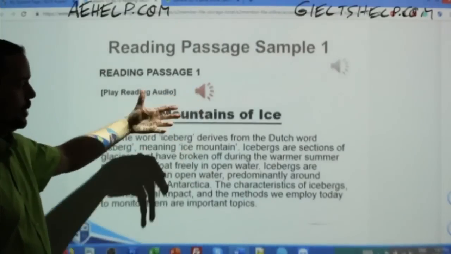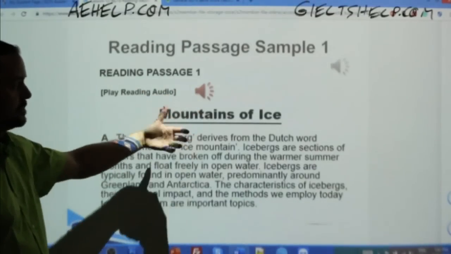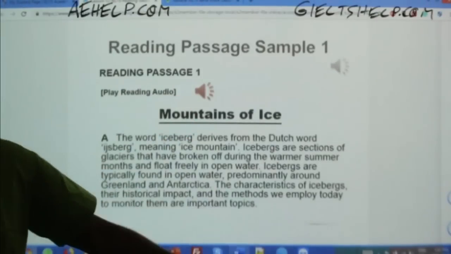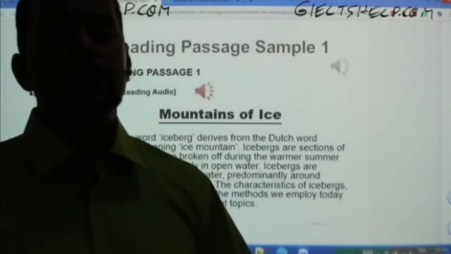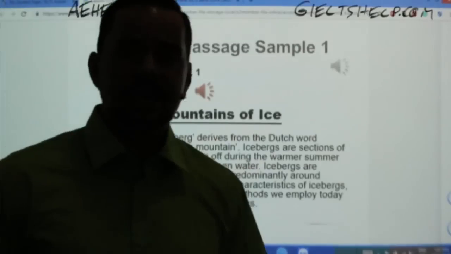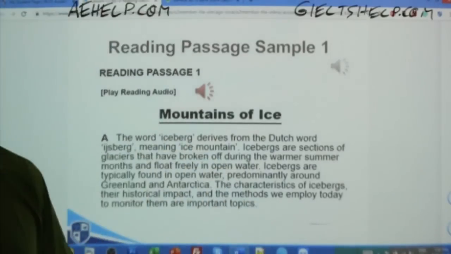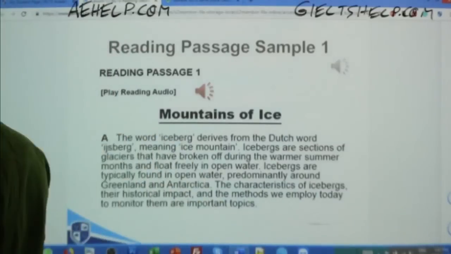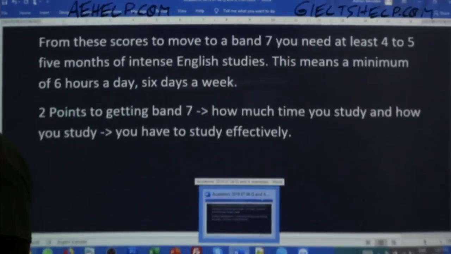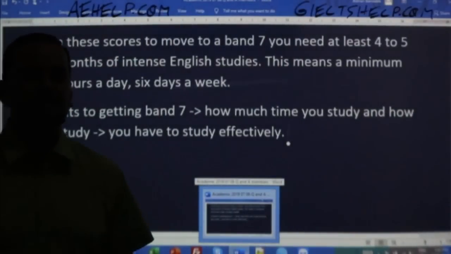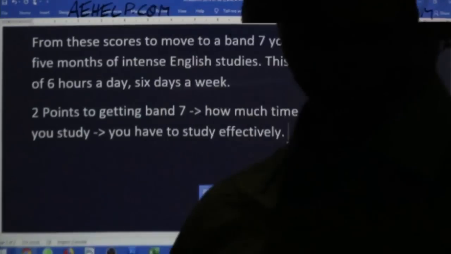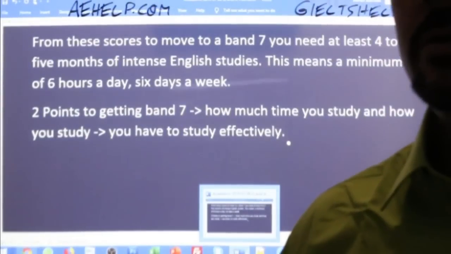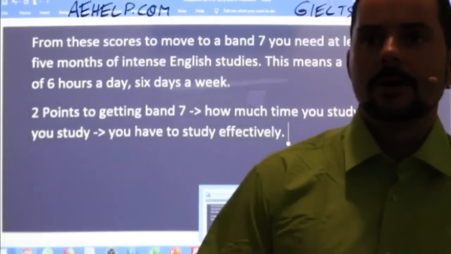So you can read and listen to a native speaker, native British speaker, read the audio. Okay? That's because we know that if you're listening and reading at the same time, that helps you to learn more effectively. Okay, so to get a band 7, again, I don't want to go away from our Q&A session here, but to get a band 7, you really need to focus on how much time you study and how you study. Okay, all right.